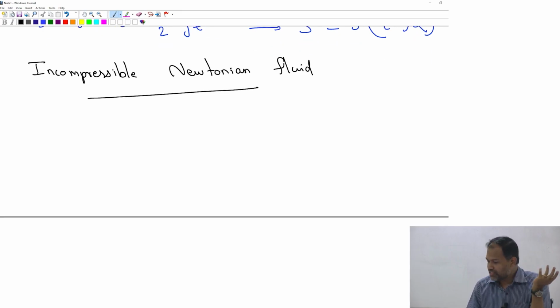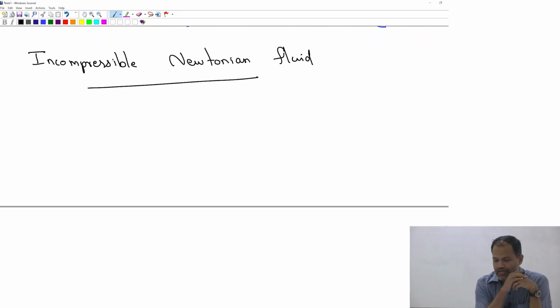So we are looking at a very general system. We have some fluid which is flowing and we want to describe the dynamics. We will write down the governing equations, which include the continuity equation and the momentum conservation equation.